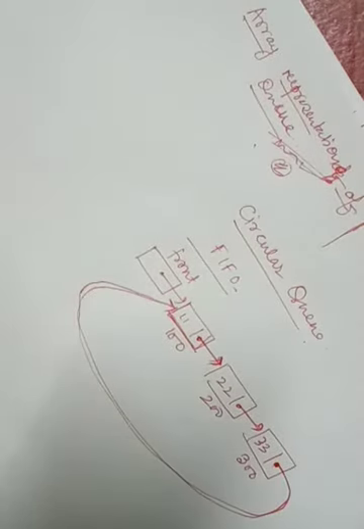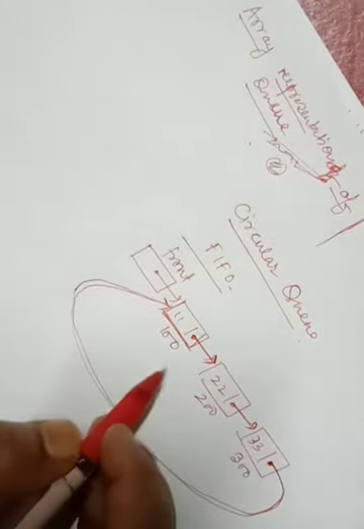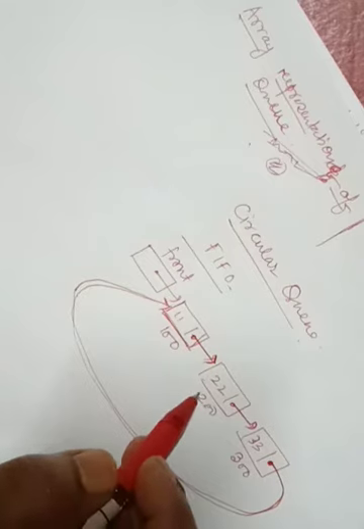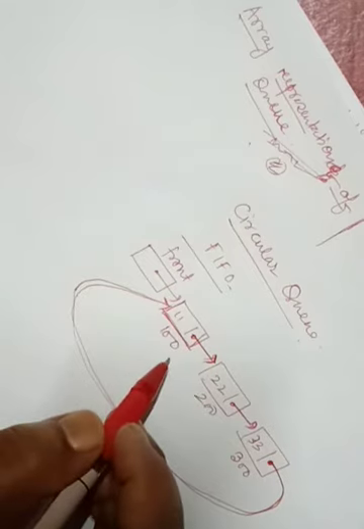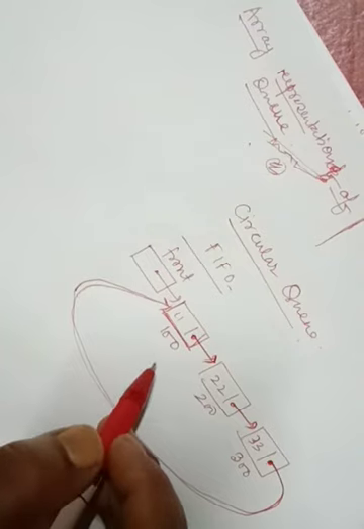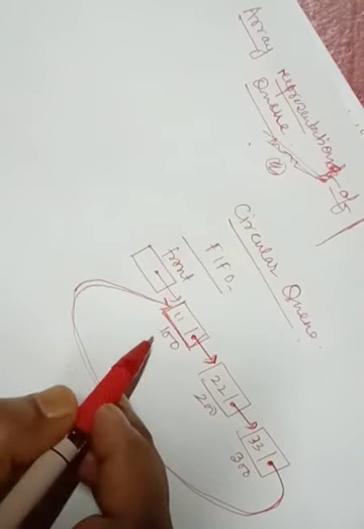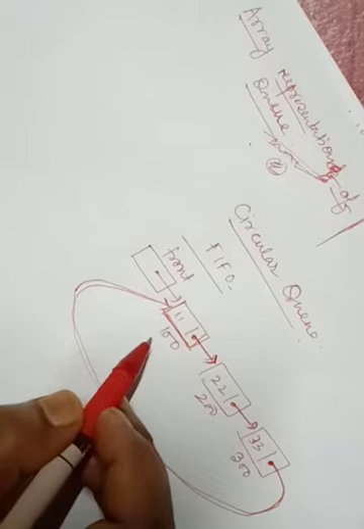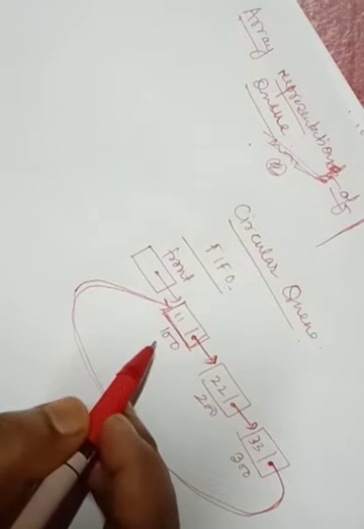In a linear queue, we can insert elements until the queue becomes full. But once the queue becomes full, we cannot insert the next element even if there is space in front of the queue. Suppose we want to insert a new element into the linear queue, but the queue does not occupy the last part of the array.